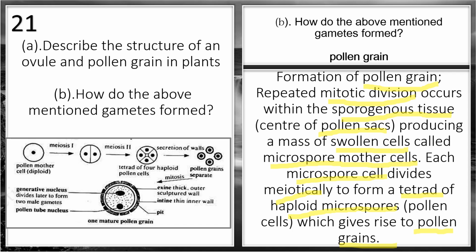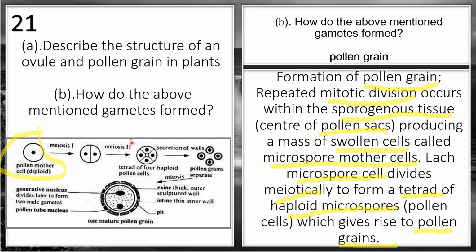So when you look here, you will see we have the pollen mother cell, which is diploid. It undergoes the first meiosis and forms two microspore cells, which are haploid. And then it undergoes the second meiotic division to form the tetrad of the 4 haploid pollen cells.